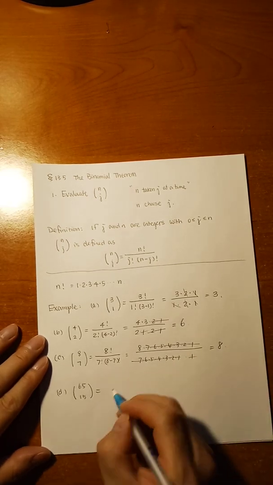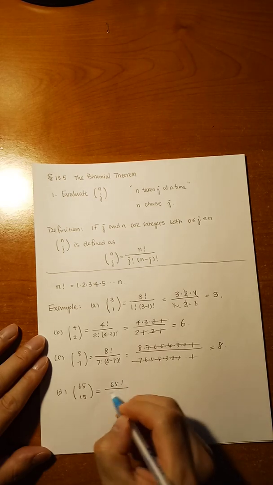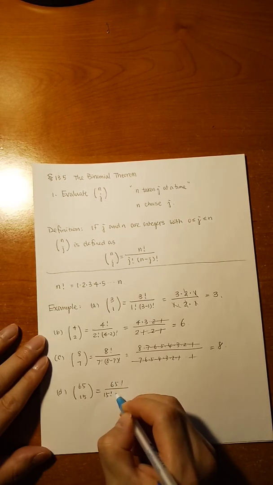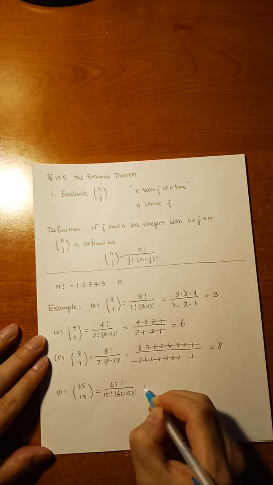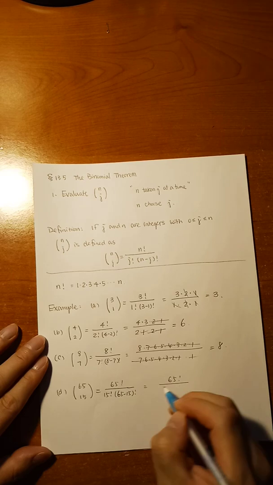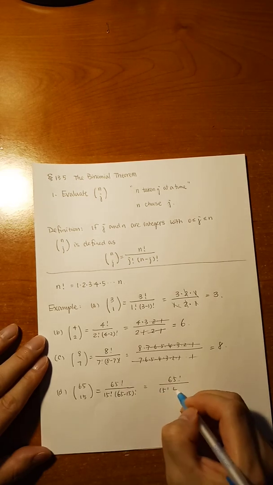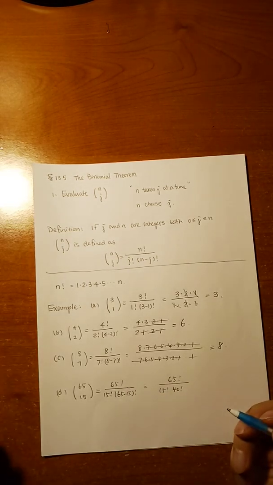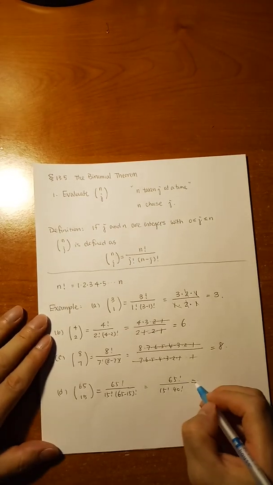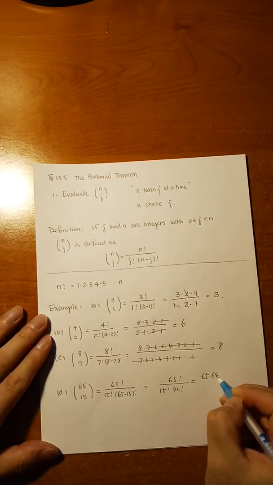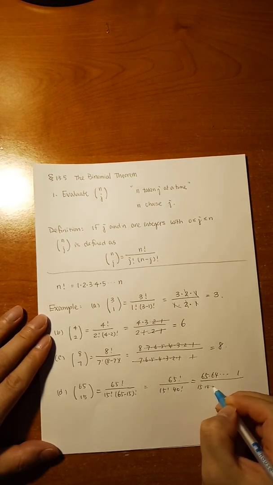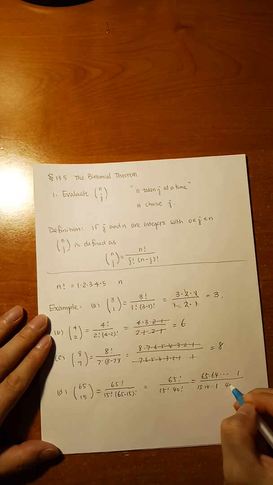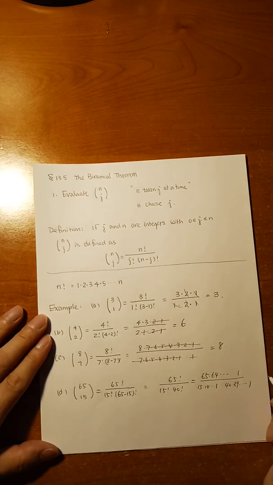You will have 65 factorial over 15 factorial times 65 minus 15 factorial, which is 40 factorial. When you write 65 factorial as 65, 64, a long product, and 15 factorial as 15 times 14 times down to 1, and 40 factorial as 40 times 39 times down to 1, I'm going to cancel this long tail.